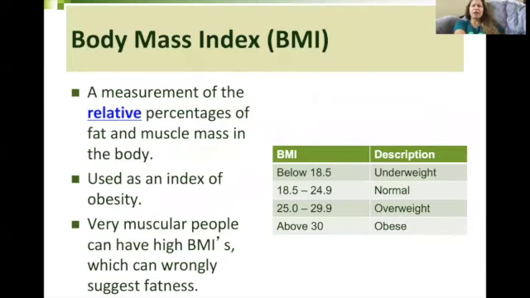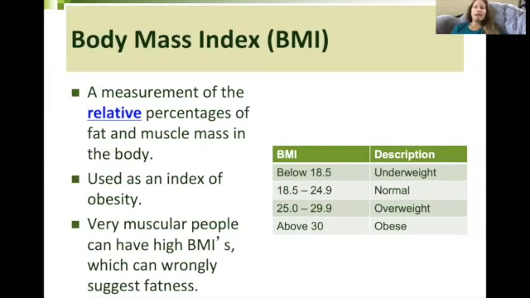Last thing here when we're talking about fat is BMI. BMI is kind of an outdated measurement, but IB still considers it. They haven't rewritten your test yet. BMI is a way of doing a calculation to determine where you fall. Are you underweight, normal, overweight?